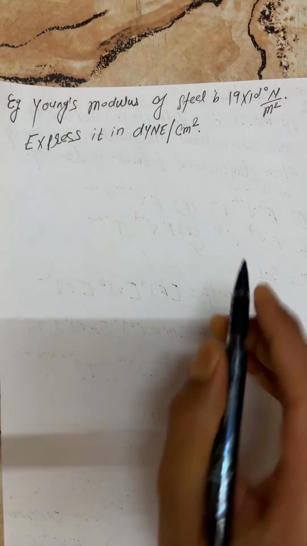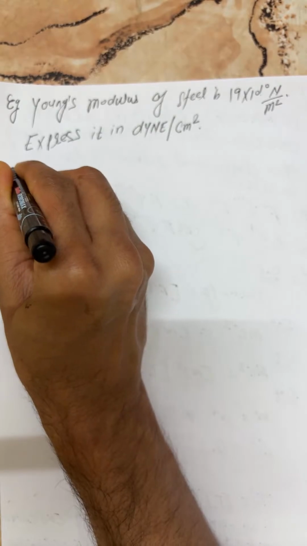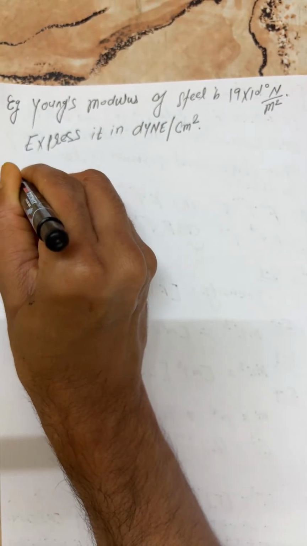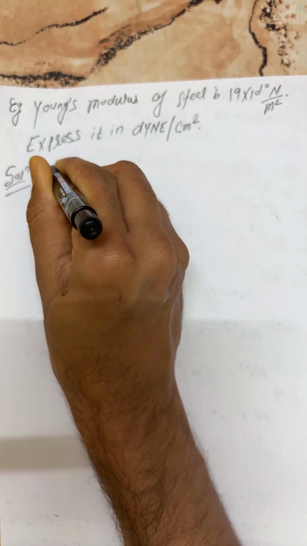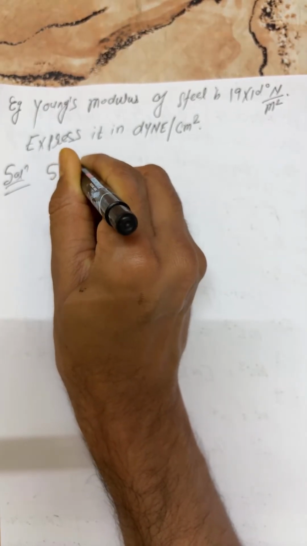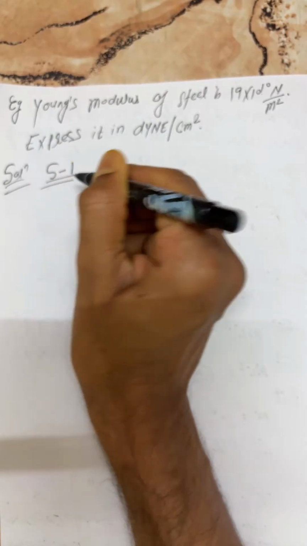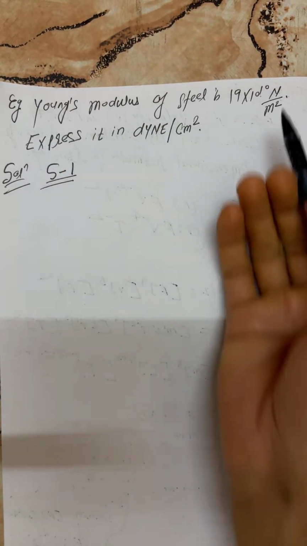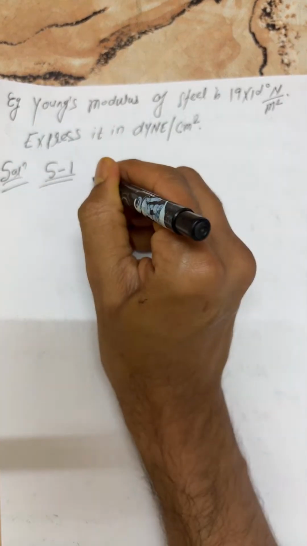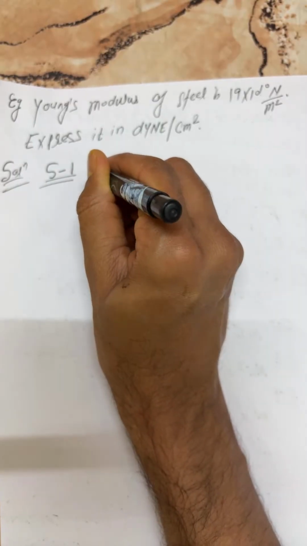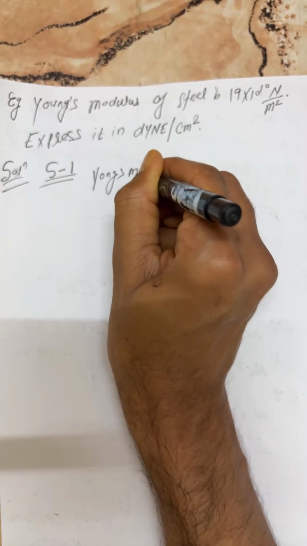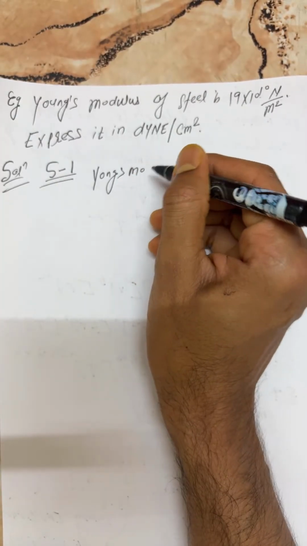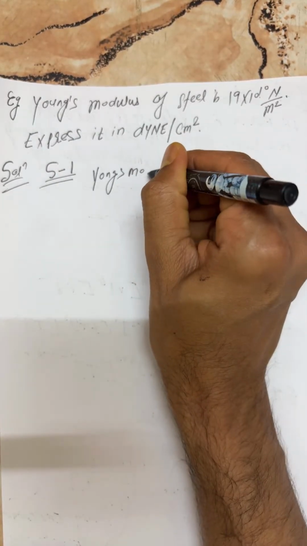Students, solution. In step one, what I said is you have to write the given physical quantity and its unit. No need to worry, they already mentioned it.